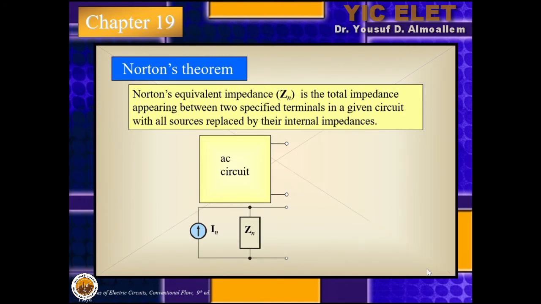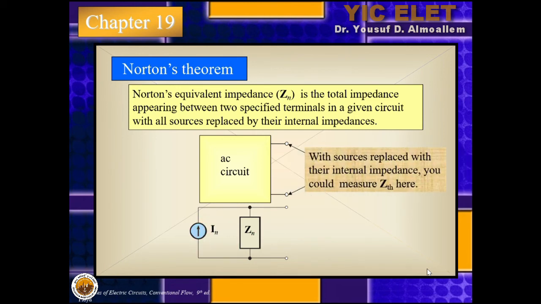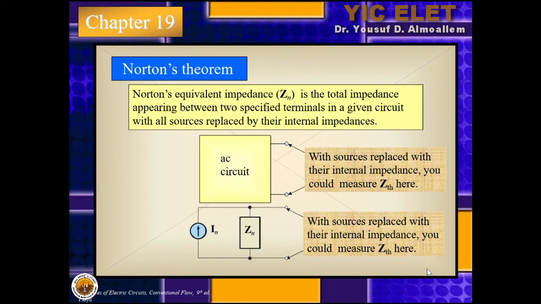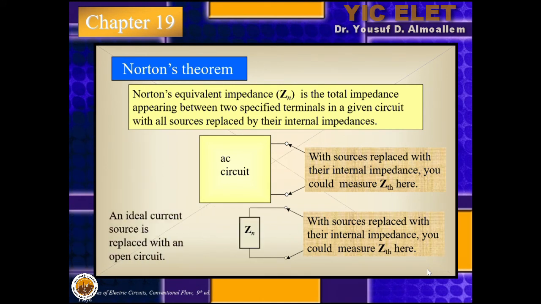So how to find the ZN now, the Norton equivalent impedance? So the total impedance appearing between the two specified terminals in given circuit with all sources replaced with the internal impedance, it will be equivalent to ZN. So first step, you have to open circuit the RL and then zeroing all the sources inside the circuits. So if we do have a voltage source, replace it with short circuit. If we do have a current source, we replace it by open circuit.